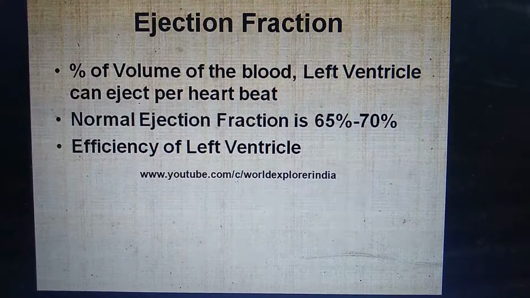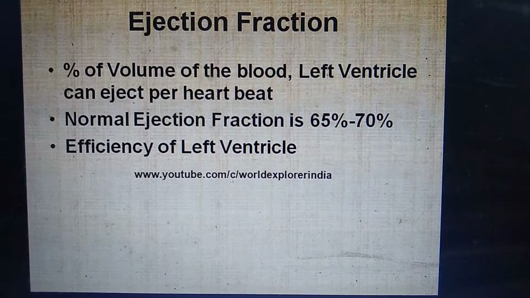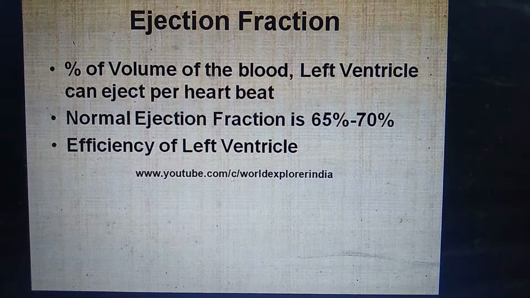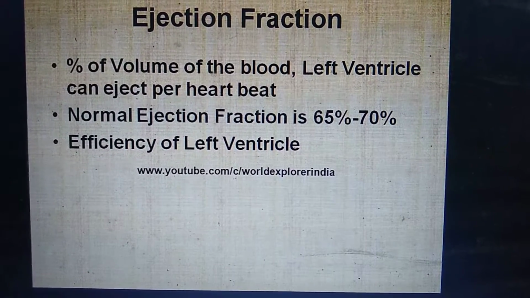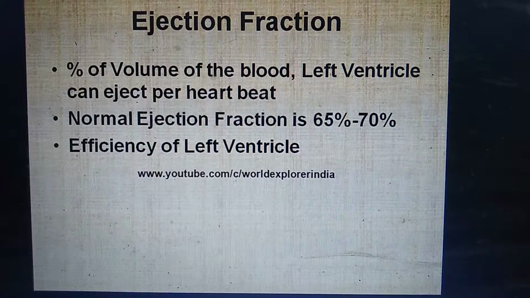Next is ejection fraction, that is the percentage of volume of blood which the left ventricle can eject per heartbeat. So normal ejection fraction is 65% to 70%. This indicates the efficiency of the left ventricle.